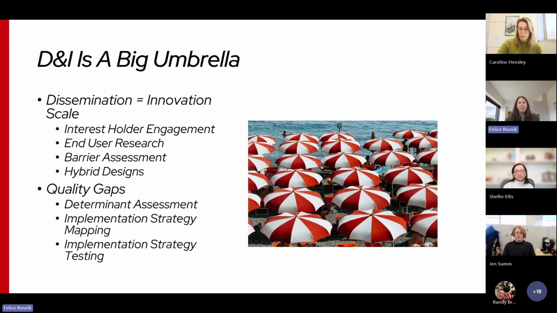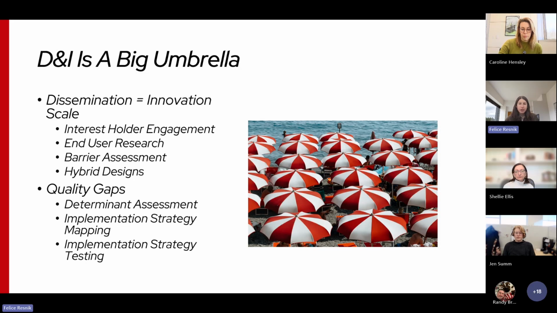So D&I is a big umbrella. It spans the whole journey from innovation to scale. It includes engaging the stakeholders and other partners who are interested in the intervention, in the product, in the guideline, understanding end user needs, identifying barriers, and spotting the quality gaps.